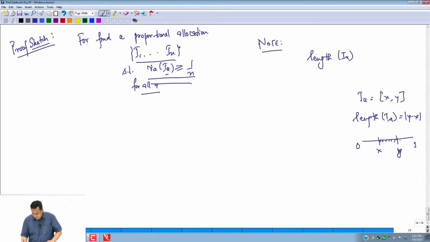Now note that if I sum this up across all agents, what do I get? So I have my allocation, I1 through In, again in some order, so agent 7 receives this, agent 4 receives this, and so on and so forth.